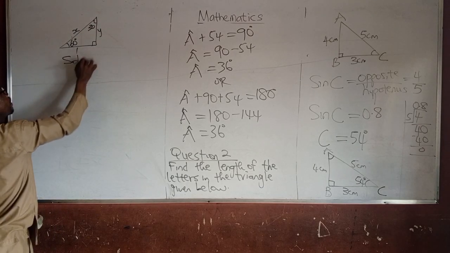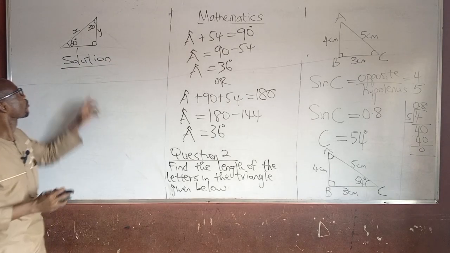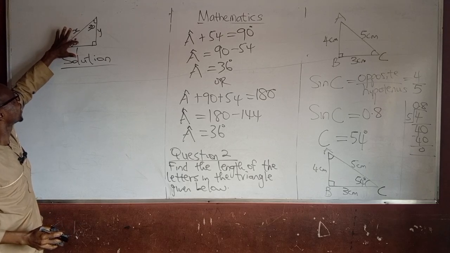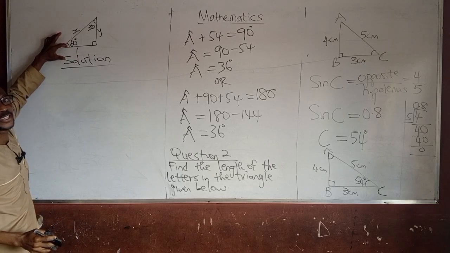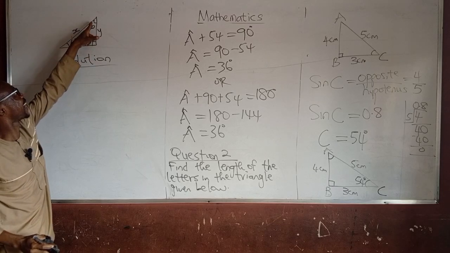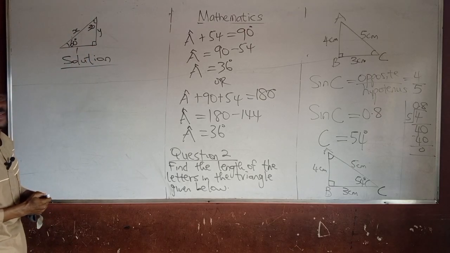Solution. Let us look at the solution. Because the angle here is 60 and this is a right angle triangle, automatically here becomes 30 degrees. How do we get that?